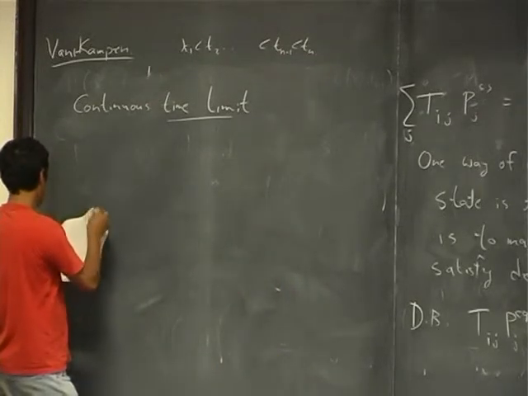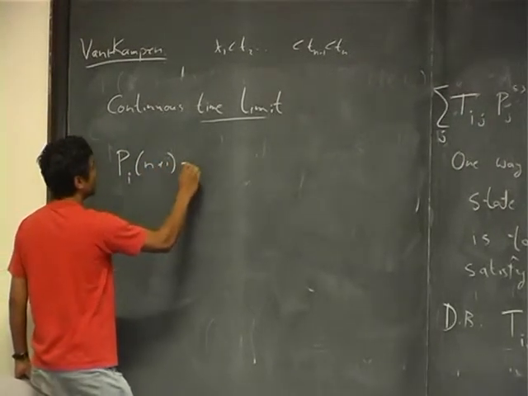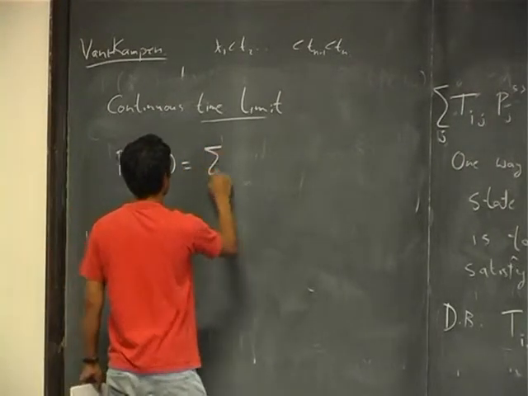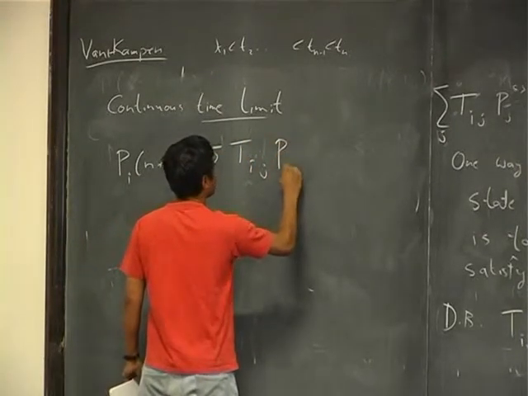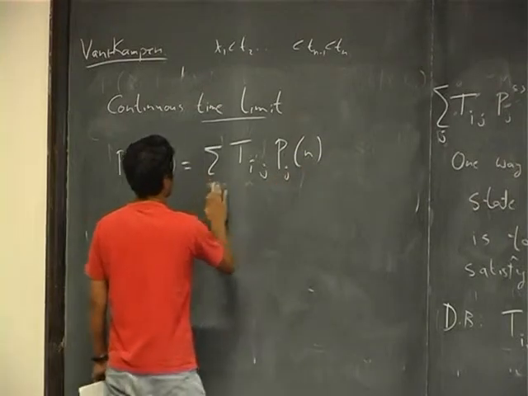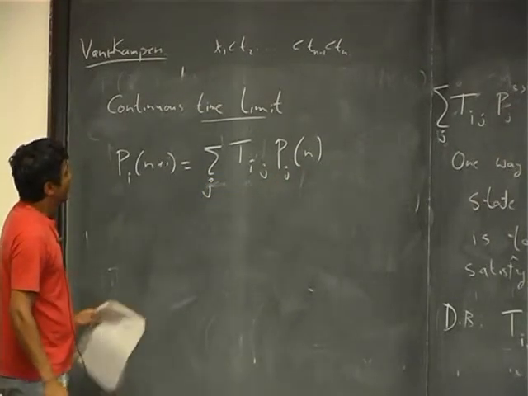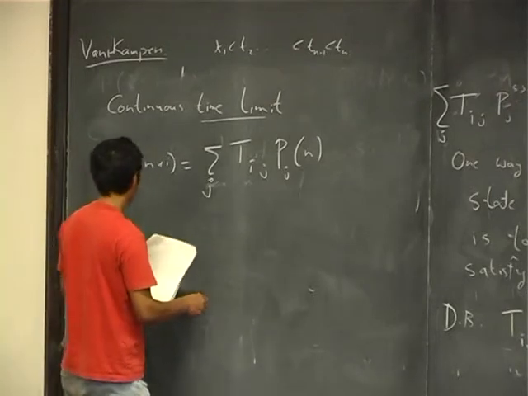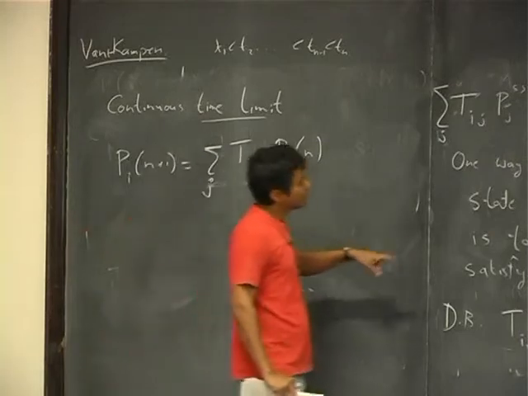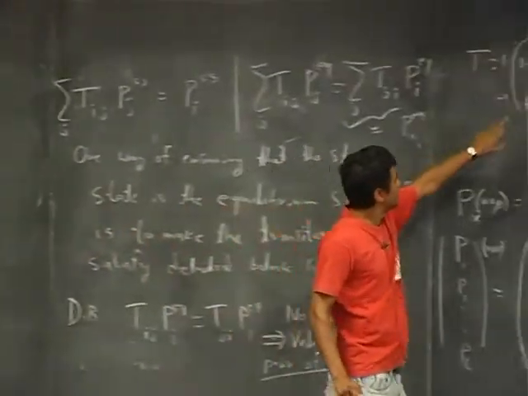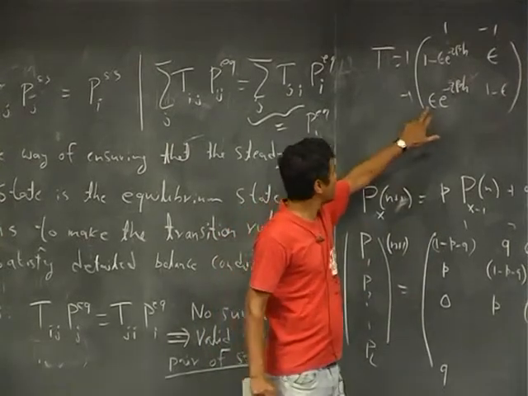Okay, so we wrote pi n plus 1 equal to... Okay, so now what I want to assume is that these transition rates, for example this quantity out here, are of order delta t. That's why I put an epsilon here.